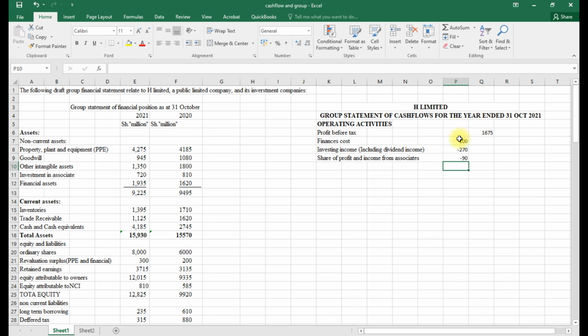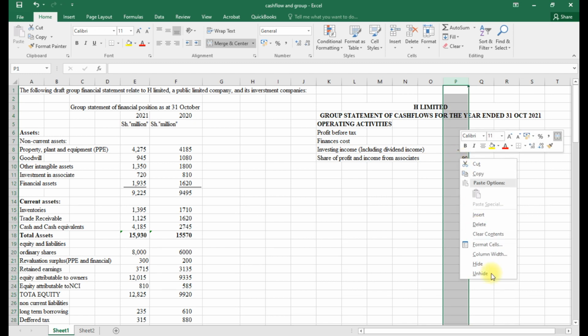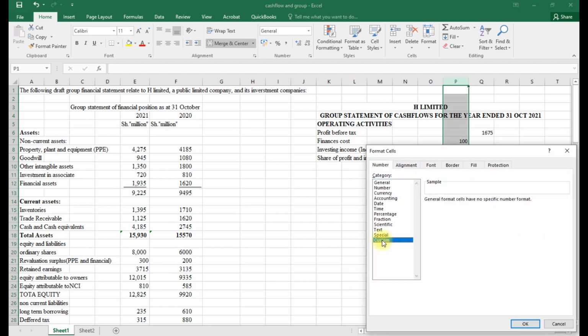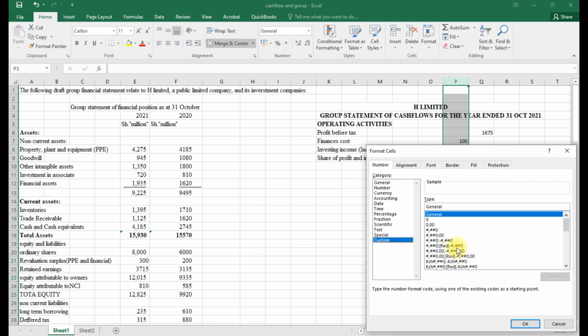So just format this cell. I format this, need to include brackets for my negative. I replace the negative with brackets, that way.